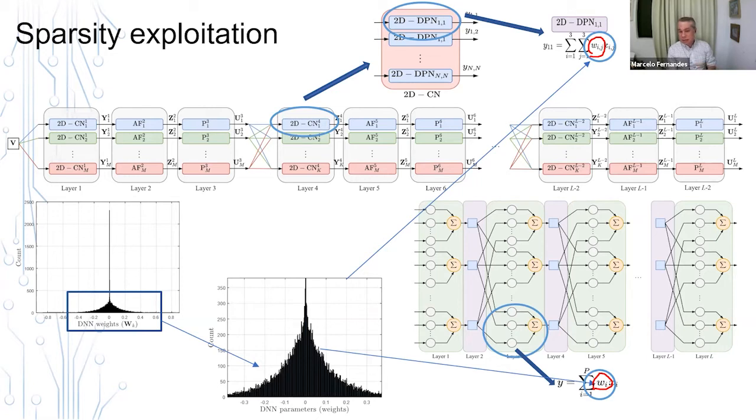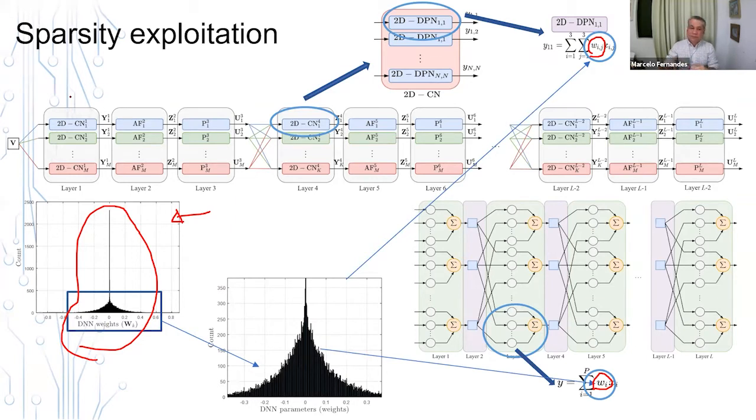In many applications, if you look at the weights in a neuron or in a layer, you will see this distribution. This graph shows the distribution of the weights in a specific layer.